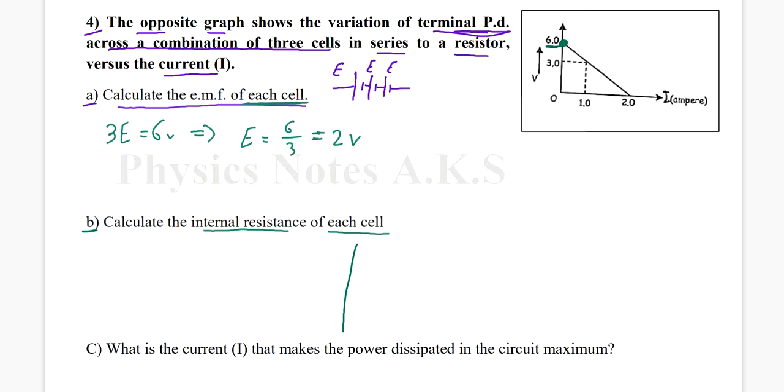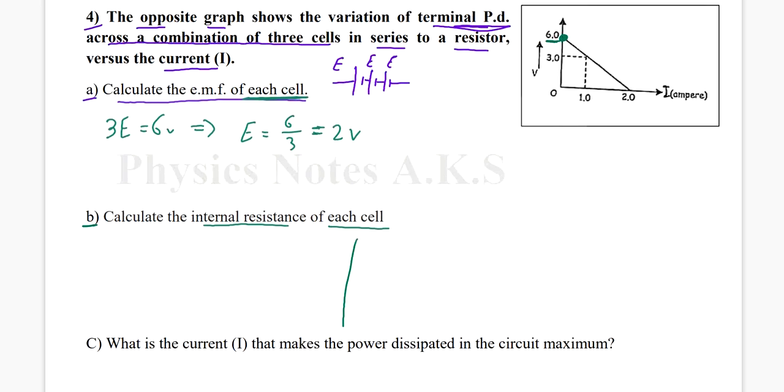The 3 cells are connected in series, right? So the total resistance is going to be the sum of them. I know from before, let me remind you, that internal resistance is actually minus the gradient.